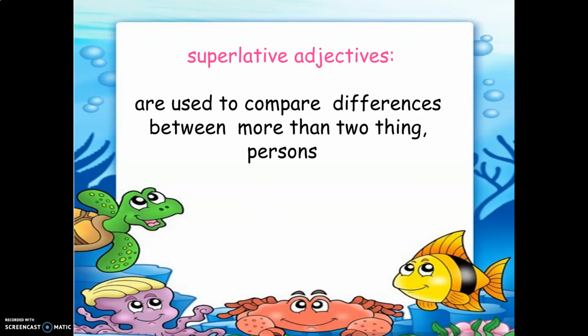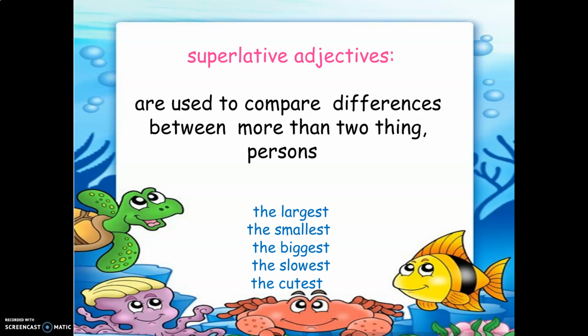Superlative adjectives are used to compare differences between more than two things or more than two persons or more than two animals, girls. For example, the largest, the smallest, the biggest, the slowest, the cutest.